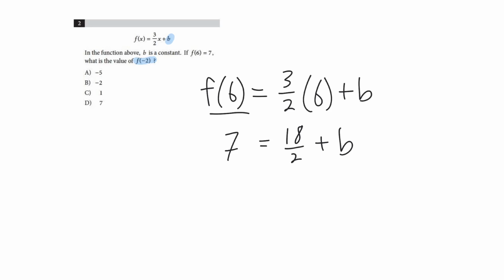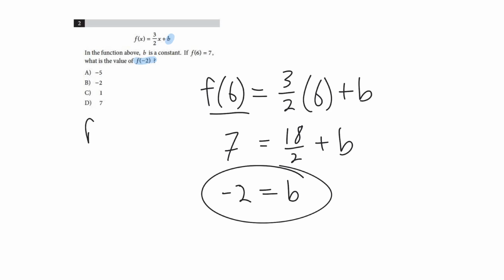Well, 18 over 2 is just 9. If I subtract 9 from both sides, I'll get negative 2 equals b. So negative 2 equals b. That means that my function, f of x, is equal to 3 halves x minus 2.